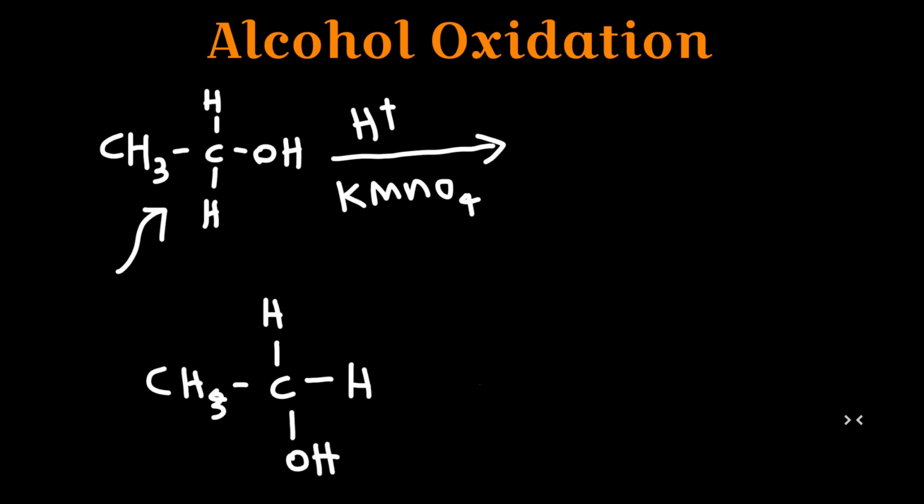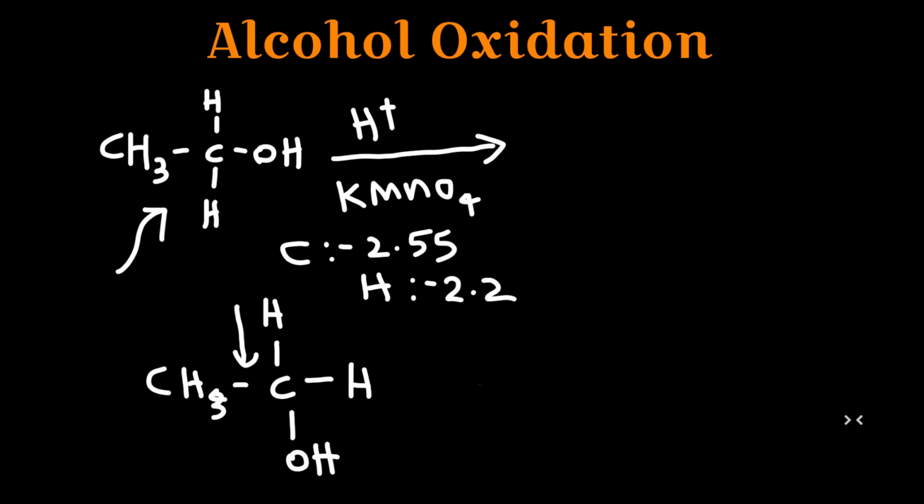We know that the electronegativity of carbon is 2.55 and the electronegativity of hydrogen is 2.2. So the electronegativity of carbon is greater than that of hydrogen, so carbon attracts electrons from this hydrogen.